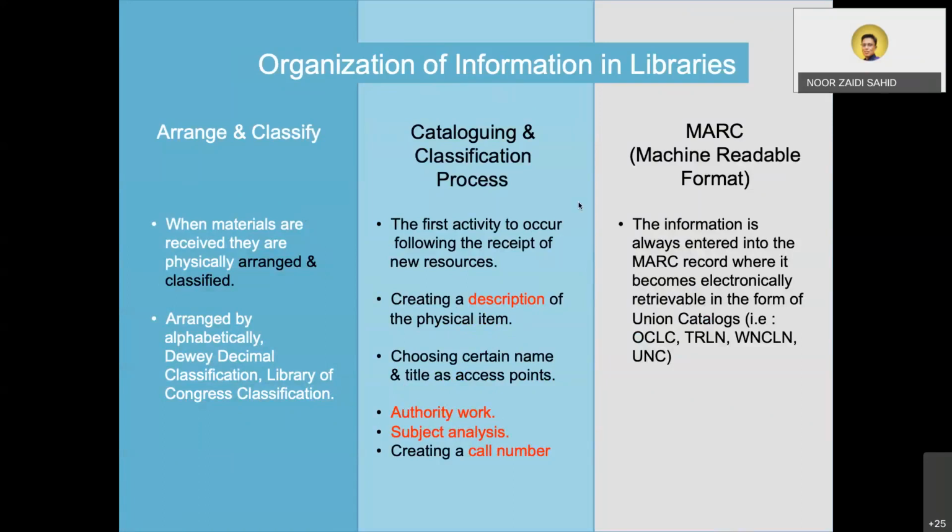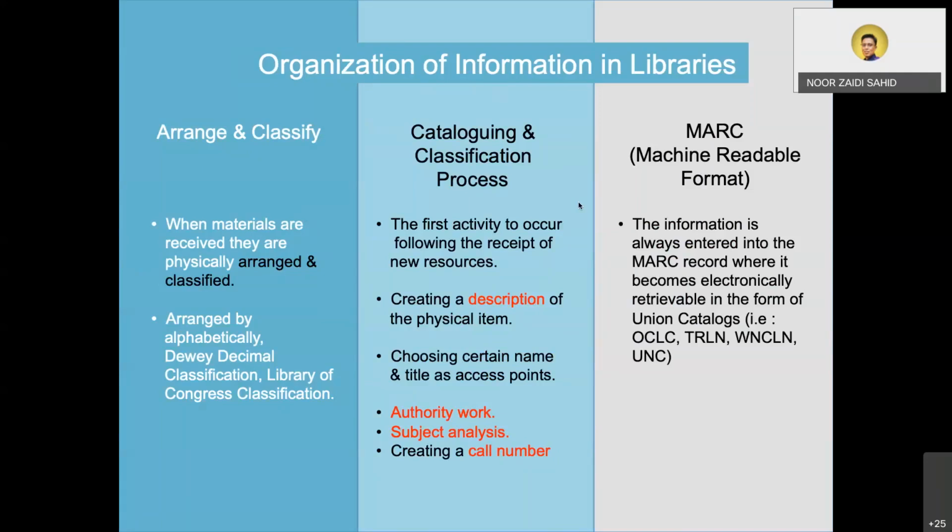Name and title, actually not the author name. Name and title they refer to keywords. But this keyword normally, in practice, library they use author name, author names and the title of the books or the title of the collection for their access point.